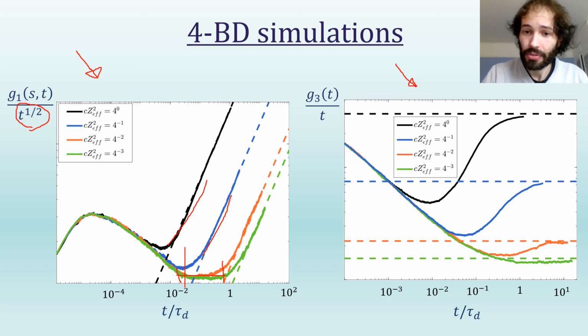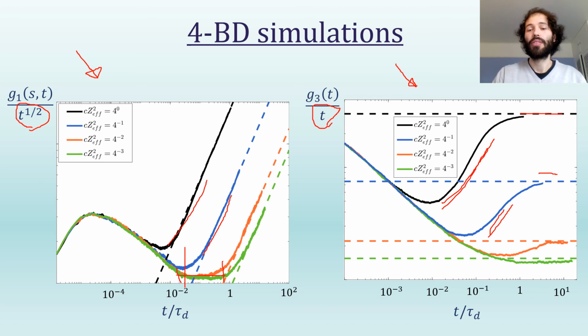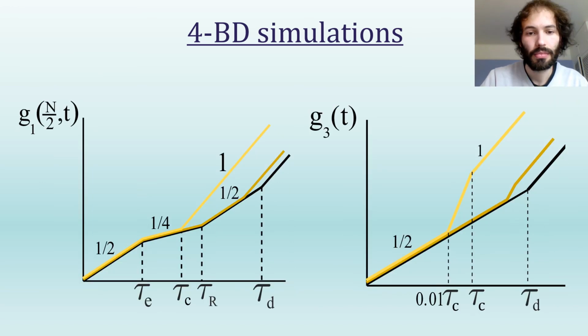In the case of the center of mass, we see a superdiffusive regime, since we have divided the observable by time. Okay? So we have this terminal diffusive regime, but to reach this part, the center of mass passes through a superdiffusive regime when the drift is the main relaxation mechanism.